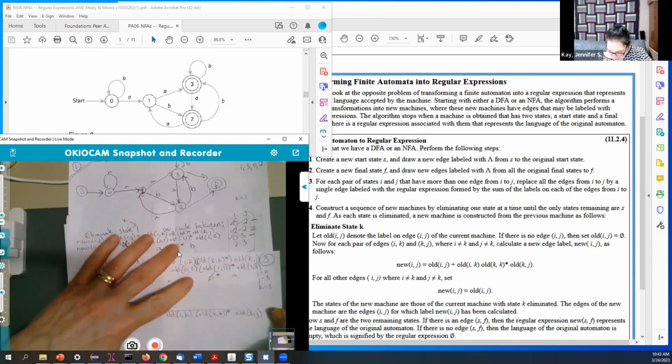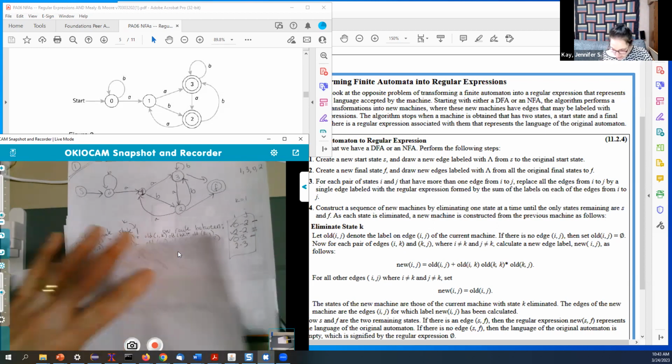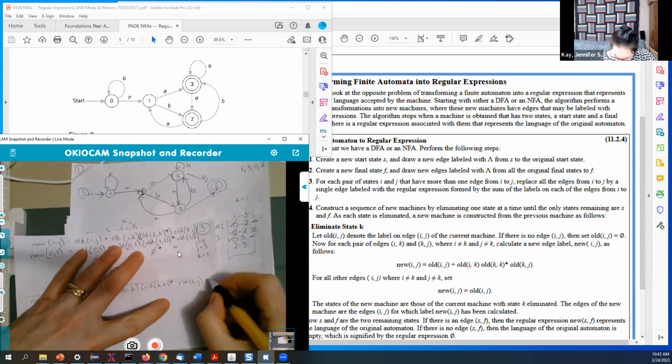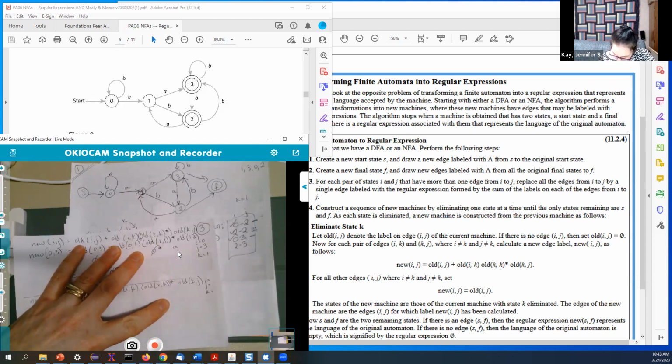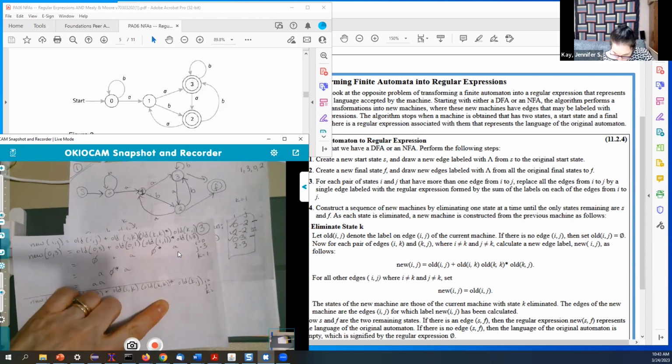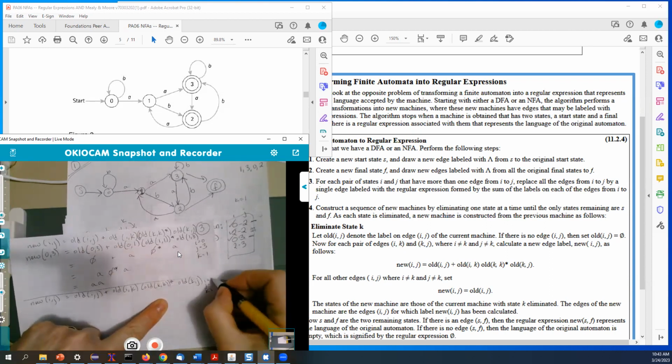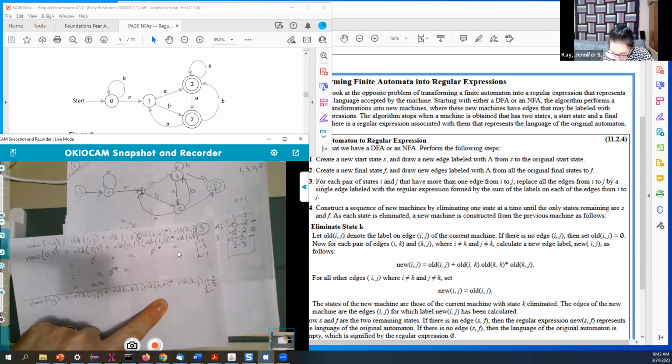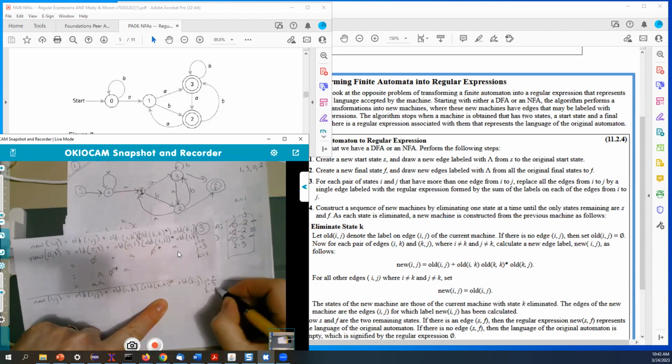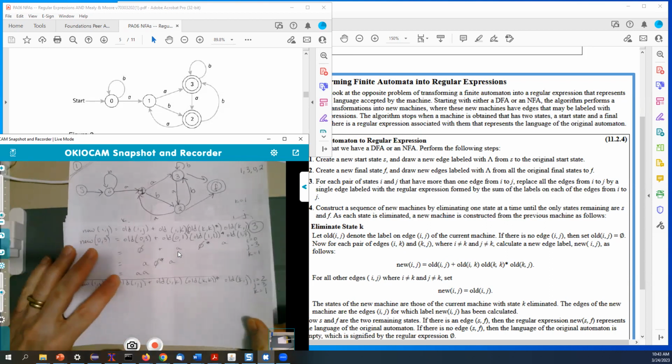And we're trying to do the 2 to 3 path now. So what's i, what's j, and what's k? i is 2, j is 3, and k is 1.